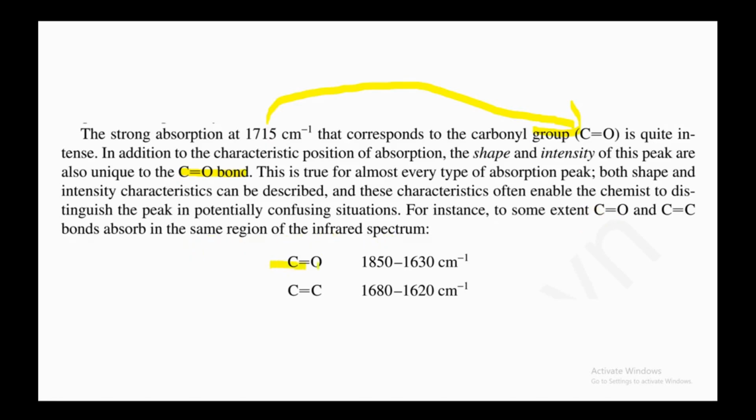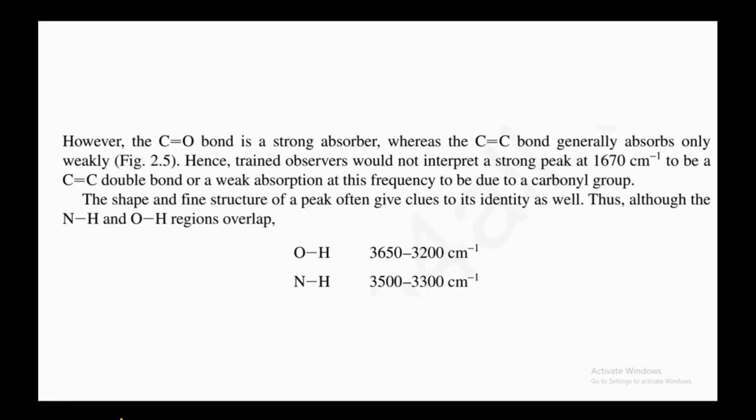Carbonyl absorbs at 1850 to 1630, and carbon double bond carbon absorbs from 1680 to 1620. So as you can see, there's a slight overlap between the carbonyl and the carbon double bond carbon.